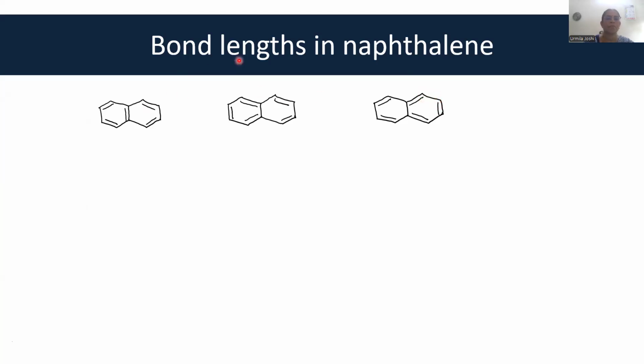So, this has more double bond character. Let me write the numbers over here, although we have not covered numbering yet. The bond between 1 and 2 in 2 structures is a double bond, and in the third structure it is a single bond.